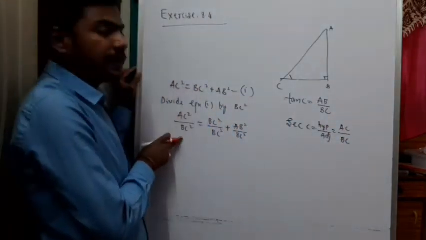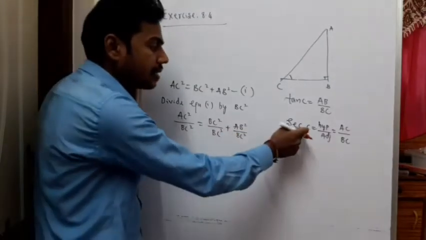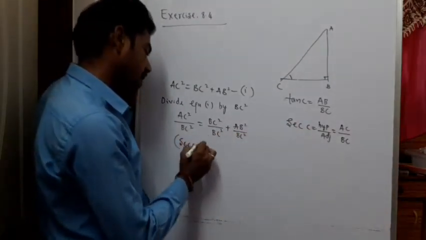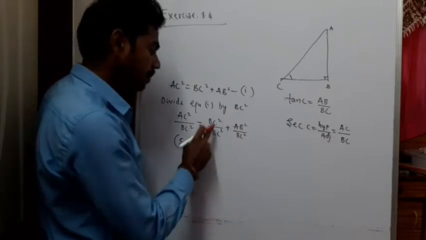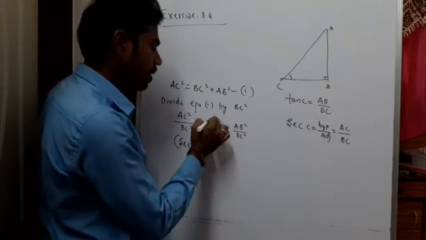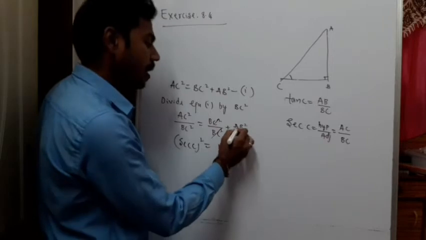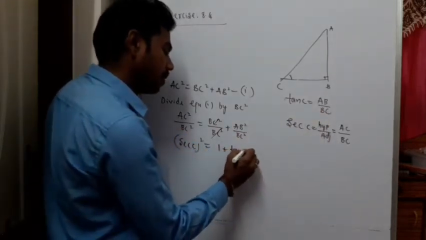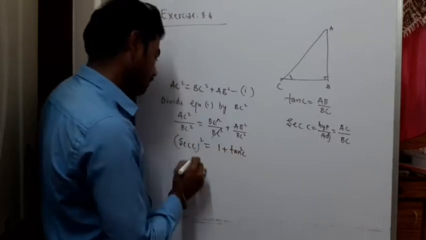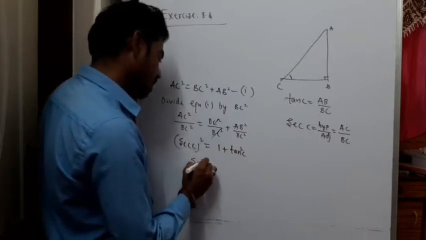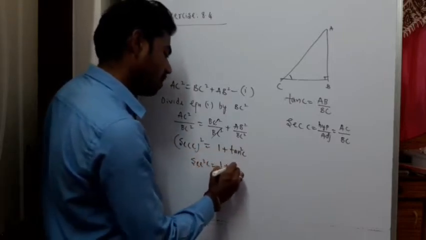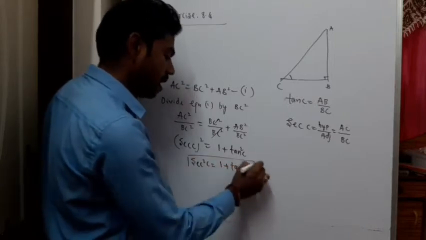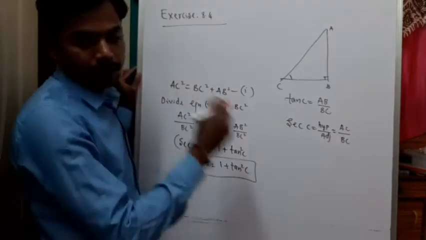Instead of AC by BC, we can write secant C. Secant C whole square is equal to BC square by BC square, which will get cancelled, that is 1, plus AB by BC, which is nothing but tan C, so tan square C. So secant square C is equal to 1 plus tan square C. This is another identity. Please note this down.